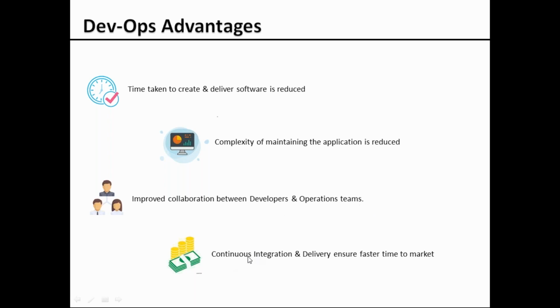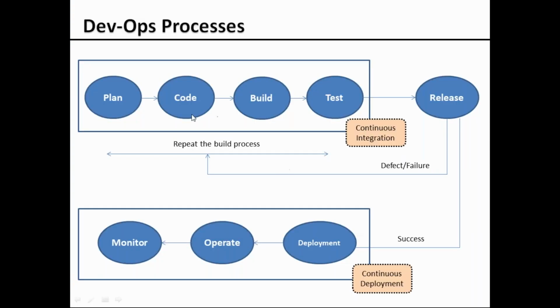As I said in the last point, continuous integration and continuous delivery ensure faster time to market. Following this DevOps process, you don't need to wait months. Every day you might release bits and pieces of software, because you are working on a piece of software, and that is not just development; you are going all the way to deployment and verification, isn't it?